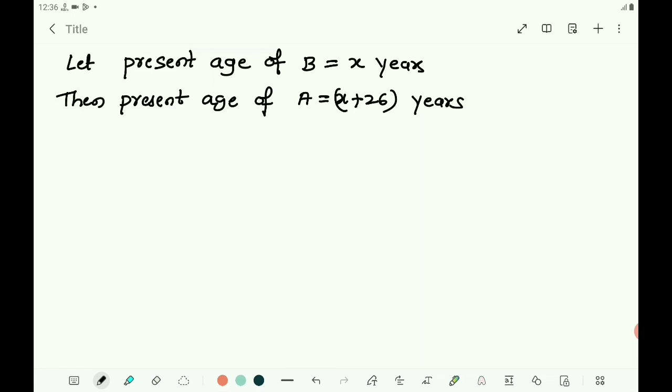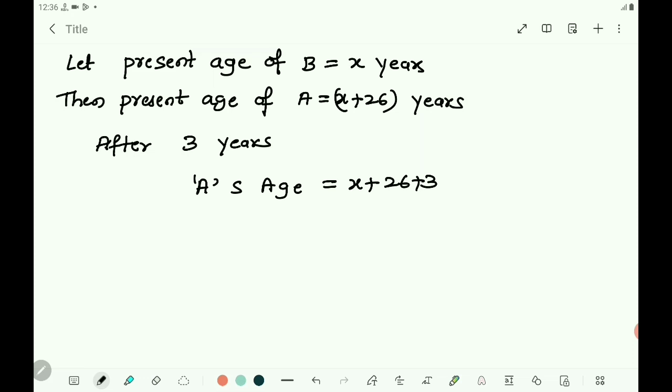After 3 years, A's age equals x plus 26 plus 3 equals x plus 29 years.